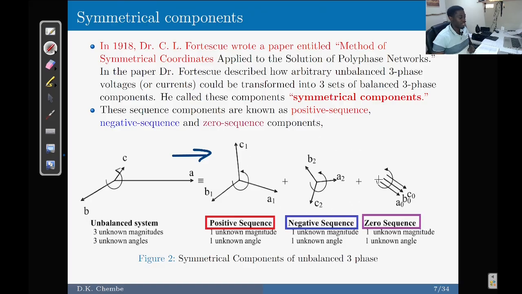And these 3 components can show us, if we were to look at a balanced system, how we are able to determine the phase voltages that give us a clear understanding of what is happening in the system when there is an unbalanced fault, a fault that causes an unbalance in the system.